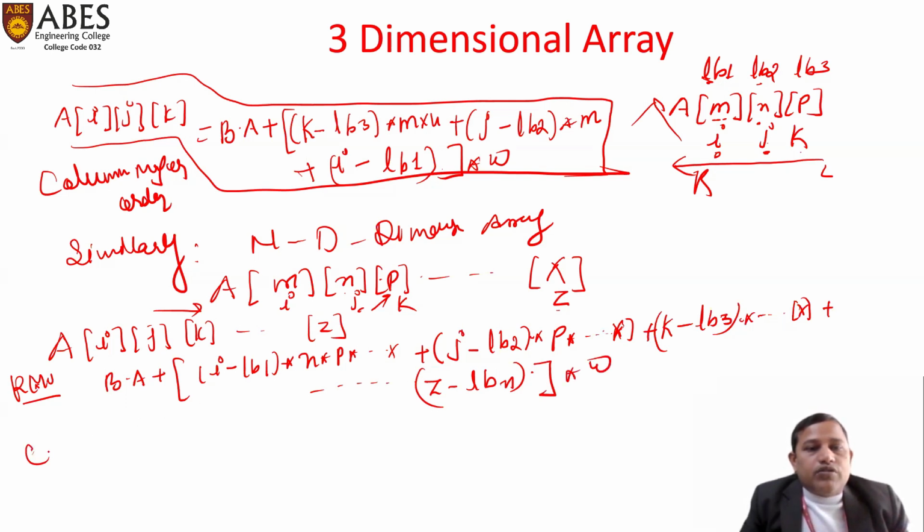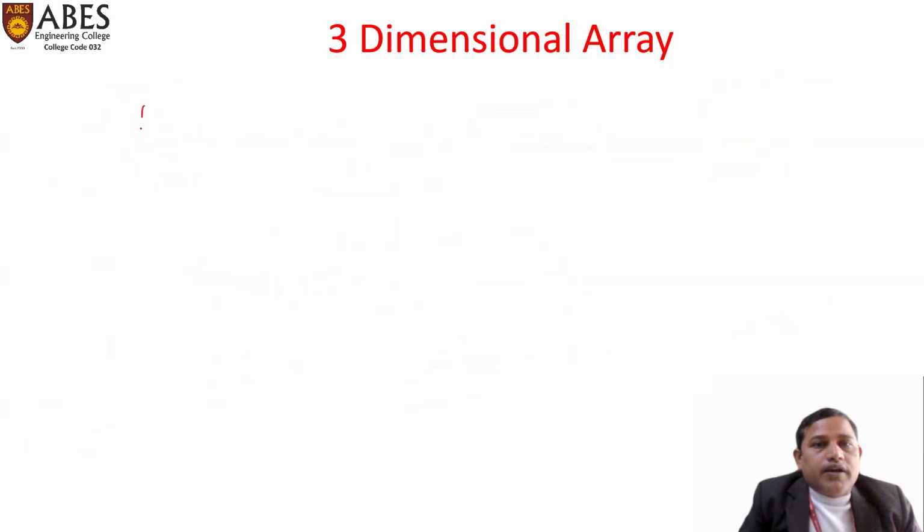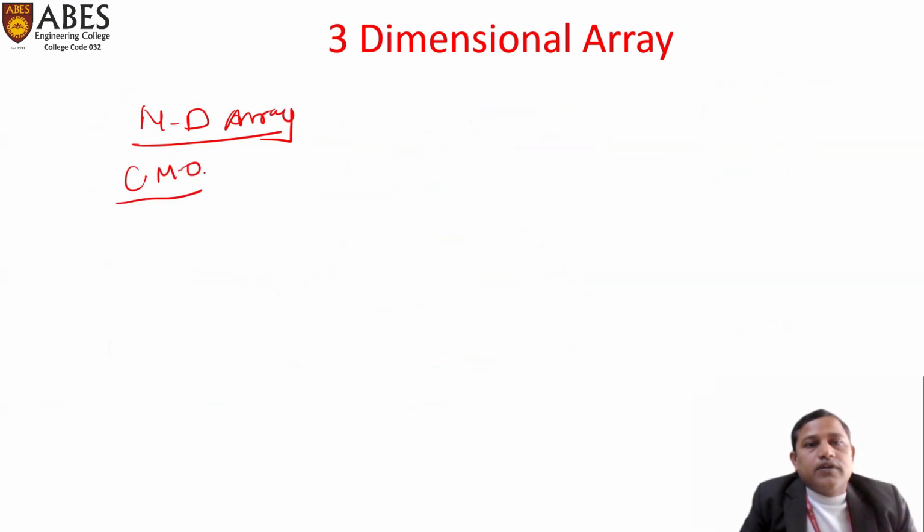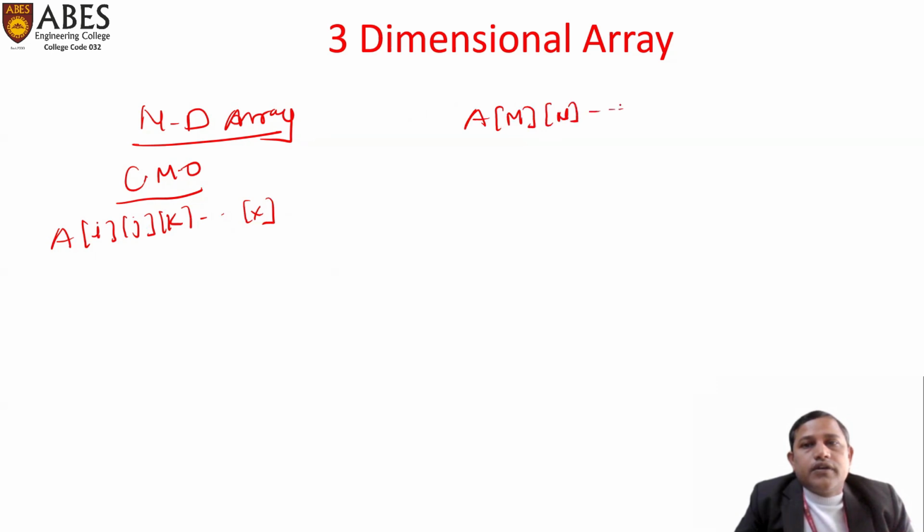Similarly, if you want to calculate column measure order for an n-dimensional array, A[i][j][k]... with size m, n, p up to x, suppose this is k, then it will calculate base address plus, going from right to left.